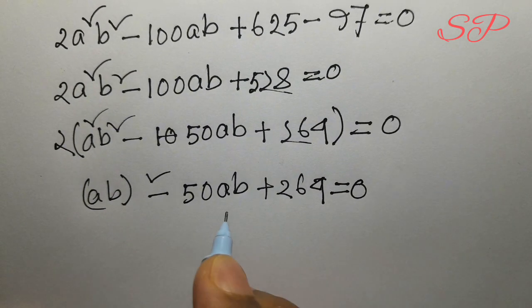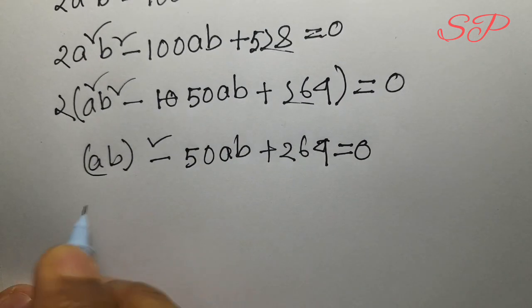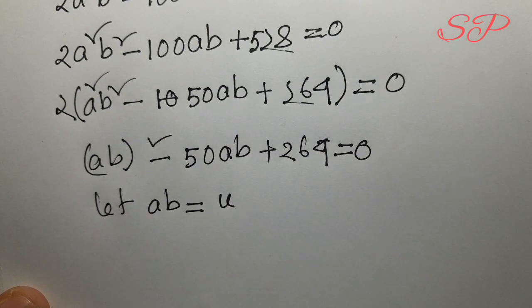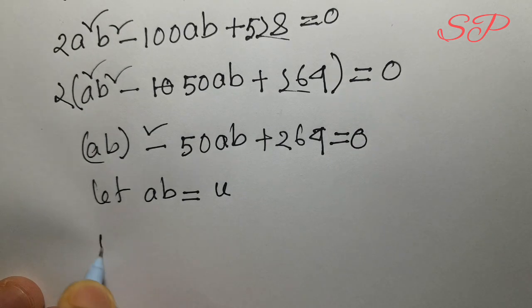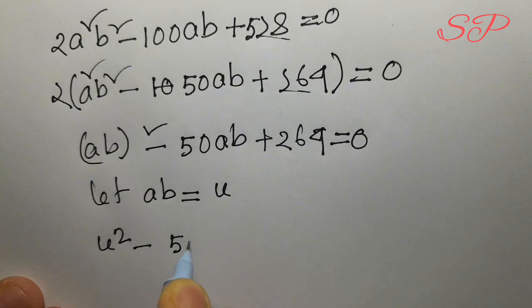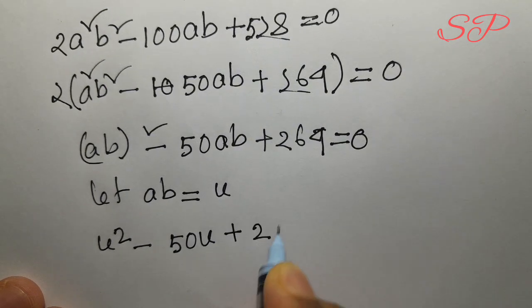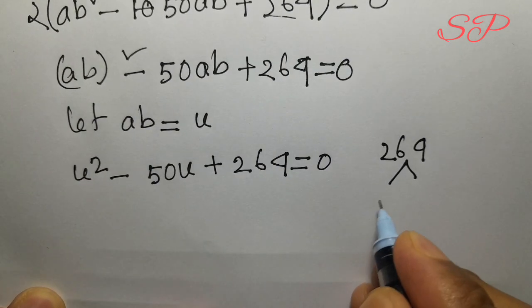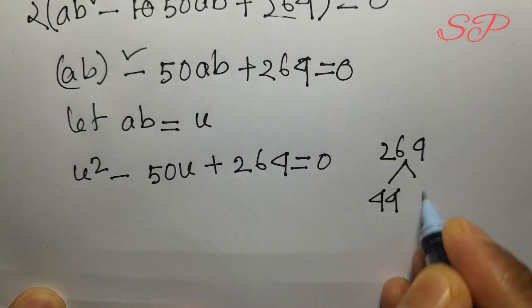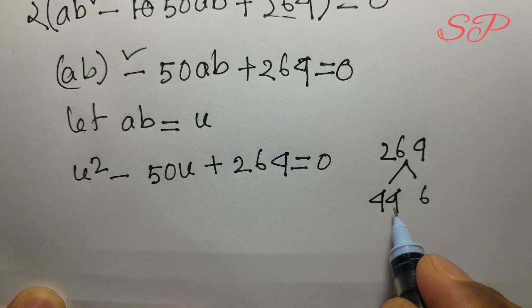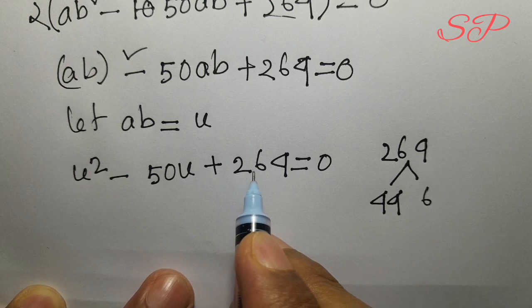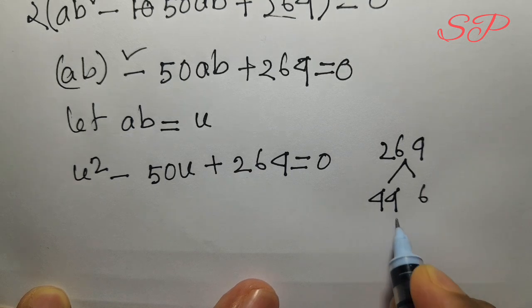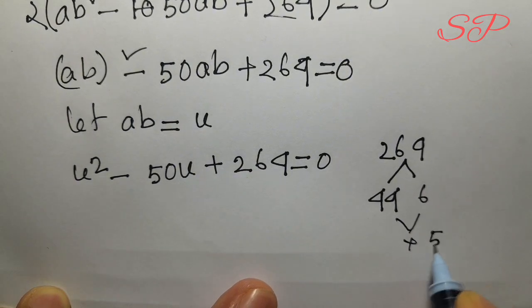Okay, here we let ab is equal to u. Then we can write u square minus 50u plus 264 is equal to 0. Factors of 264 are 44 and 6, 44 into 6 is equal to 264, and adding this is equal to 50.